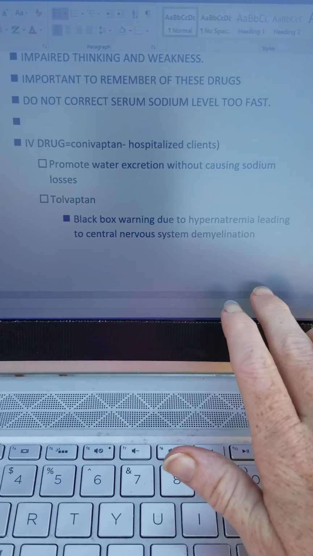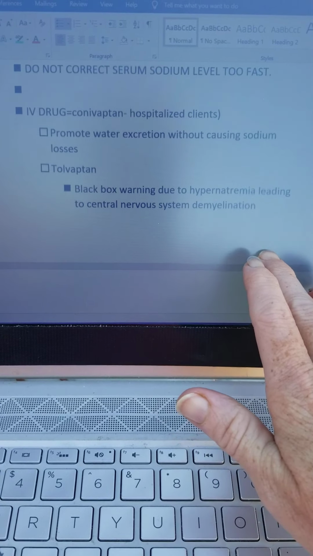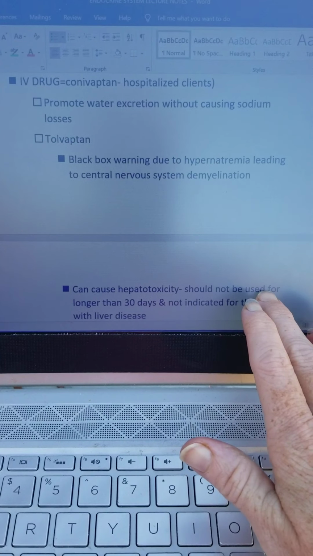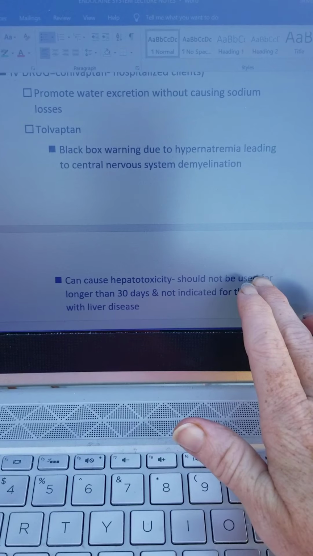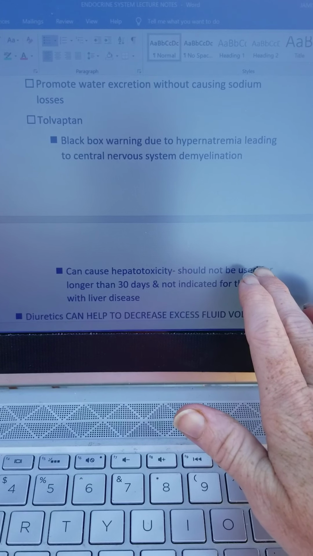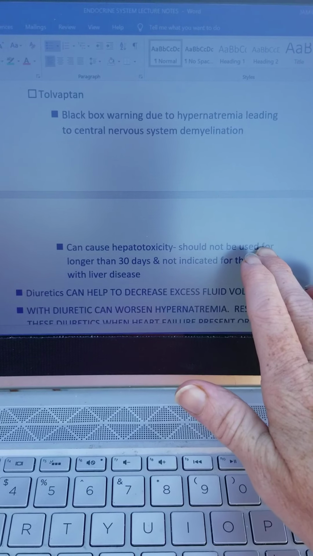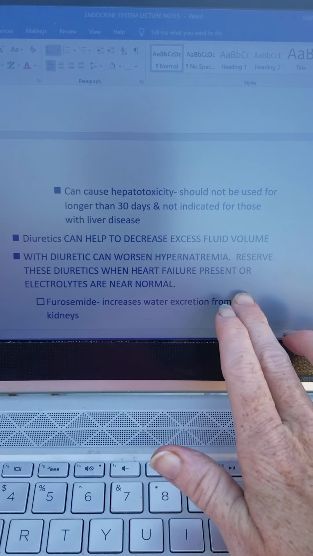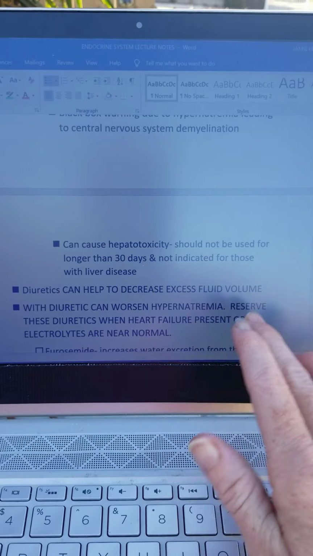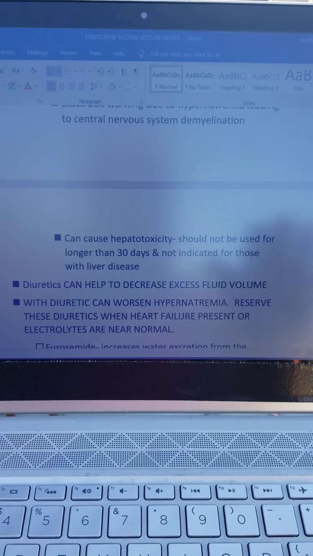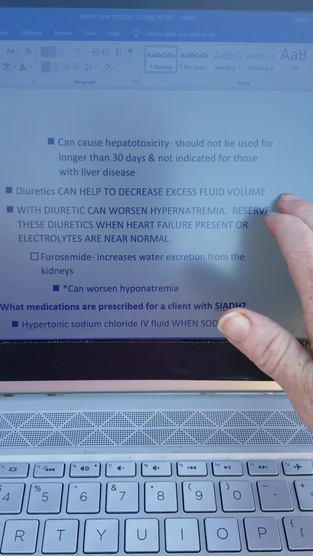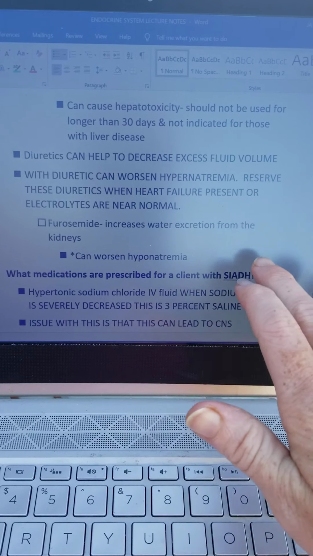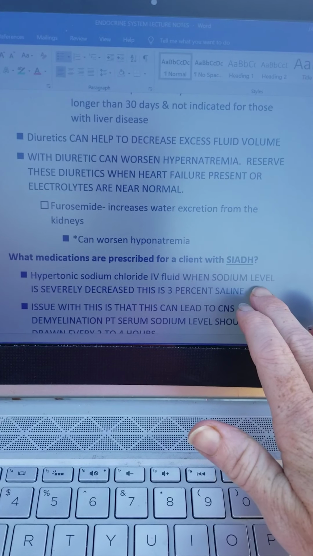Conivaptan can promote water excretion without causing sodium losses. Tolvaptan, black box warning, due to rapid sodium correction leading to central nervous system demyelination. Be careful with correction of sodium too fast. It can cause hepatotoxicity, should not be used for longer than 30 days, and is not indicated for those with liver disease.